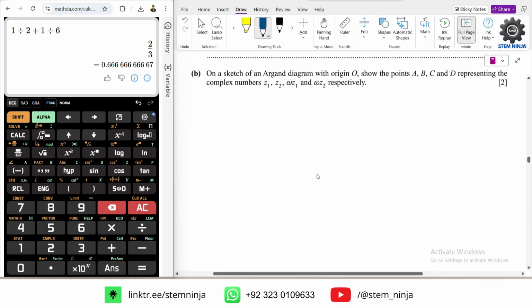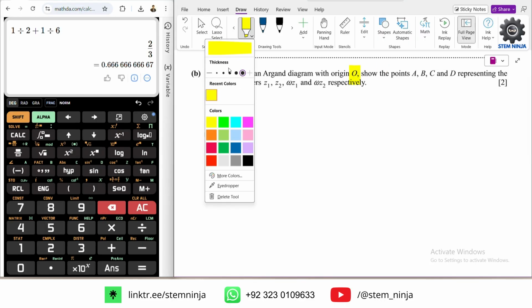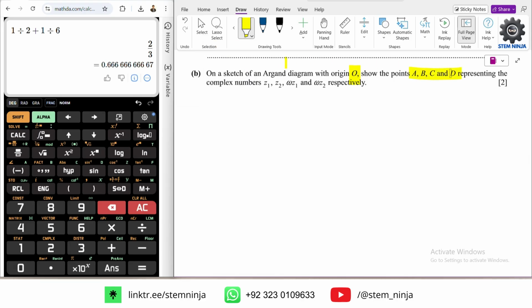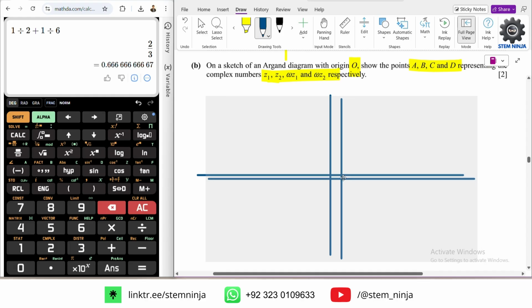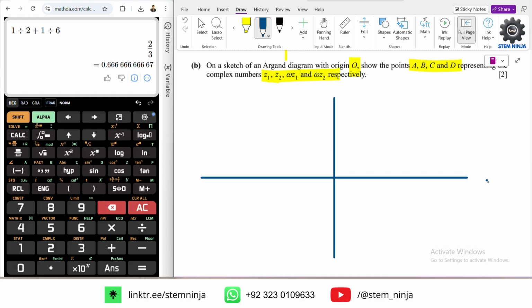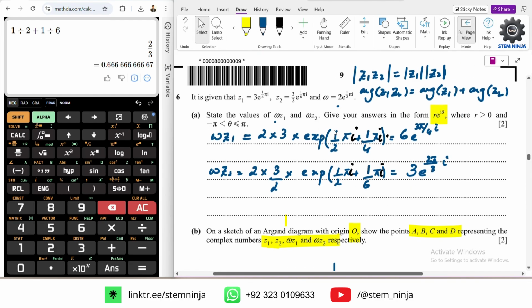On a sketch of an Argand diagram with the origin O, show that the points A, B, C, D representing the complex numbers Z1, Z2, omega Z1 and omega Z2. Alright. We have to keep the magnitudes understandable.